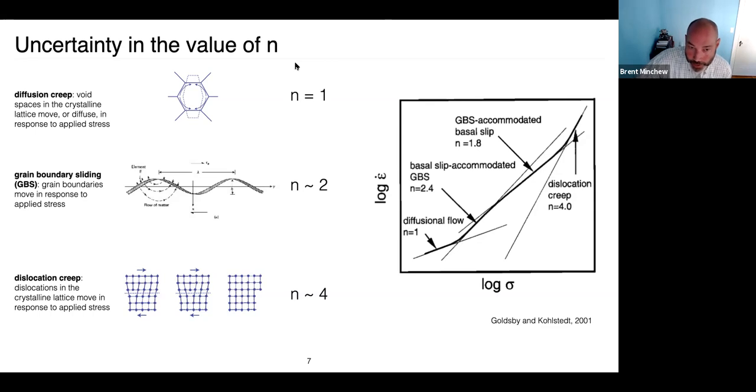Feel free to. Does the migration of voids in the lattice also induce crystalline dislocations? So the movement of void spaces, the diffusion of void spaces generating dislocations, is the question, right? Am I understanding that correctly? To which the answer is, to my knowledge at least, yes. It would create dislocations, but it doesn't necessarily have to.